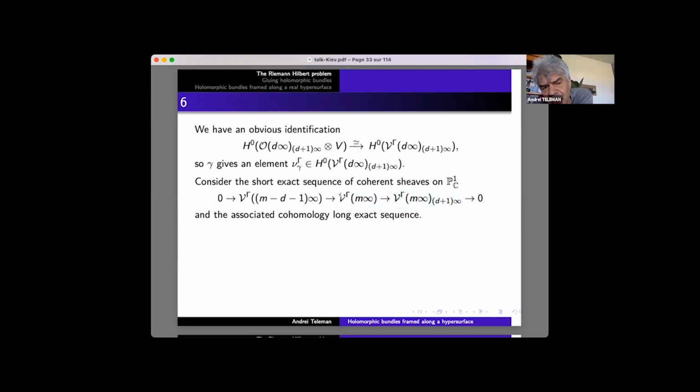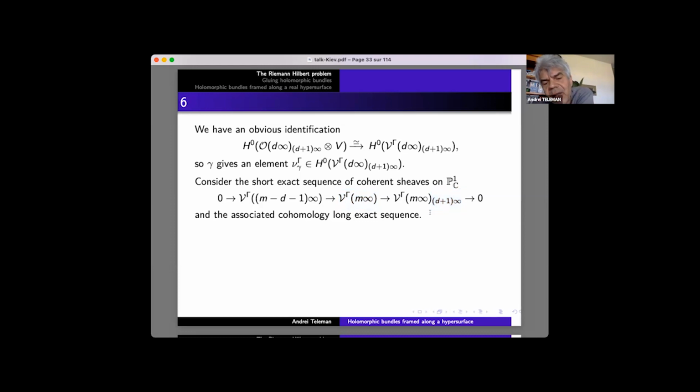I take a section in this sheaf and I look at its restriction to infinity, but not only to the point infinity, but to its D plus 1 multiple. So I take a section here, and I assign to a section its restriction to the divisor infinity multiplied with D plus 1, with multiplicity D plus 1.